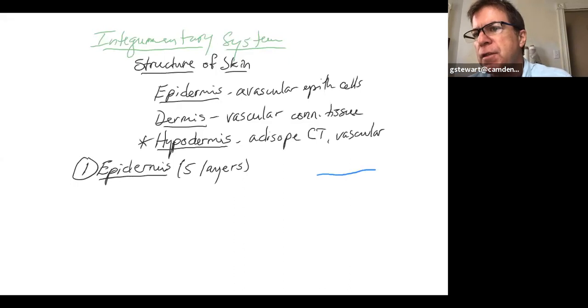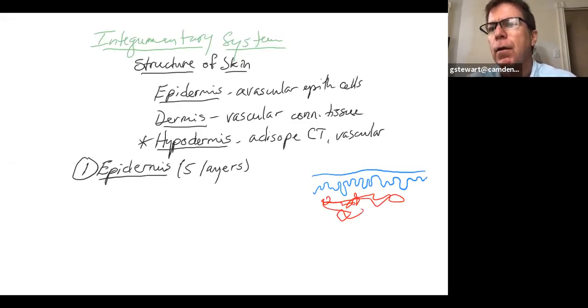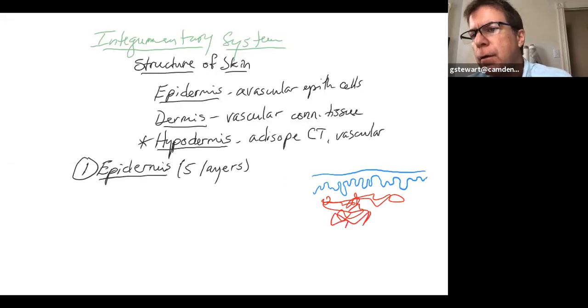Here's the surface of the skin. And then this is low power magnification on a microscope. We would see this wavy line, something like this. And then we would see a whole lot of tissue extending way down deep.